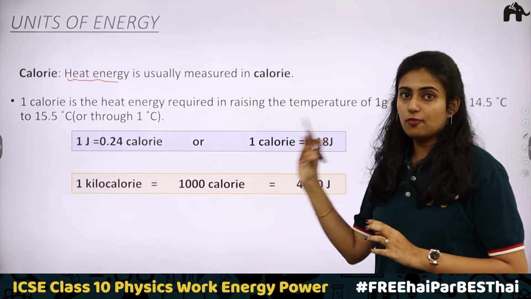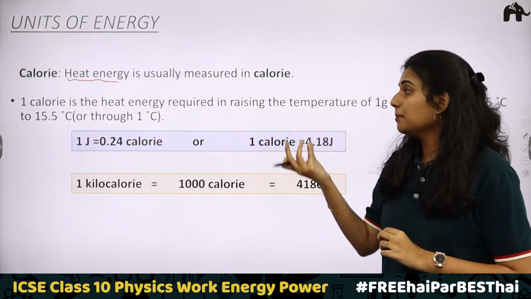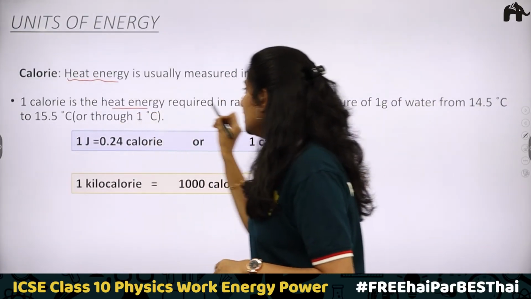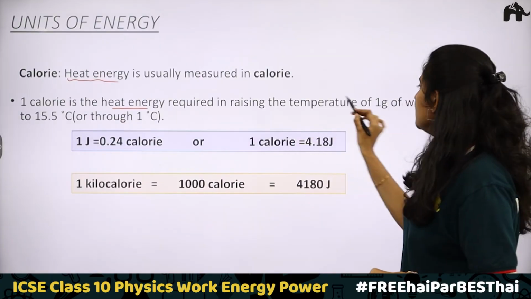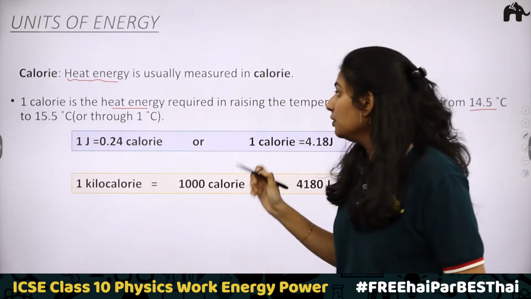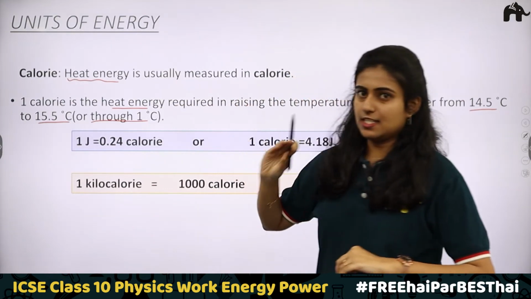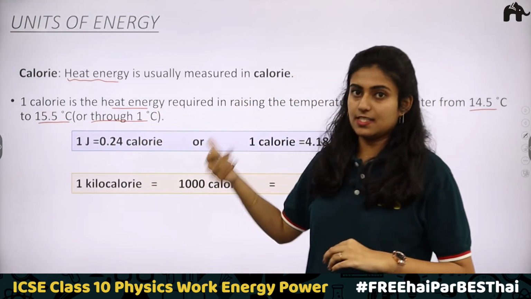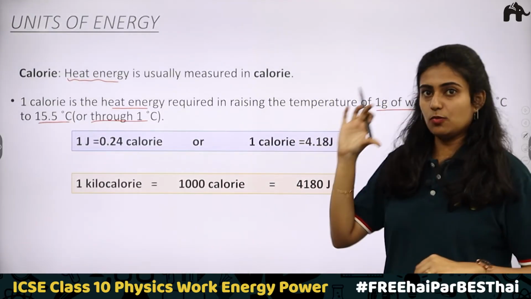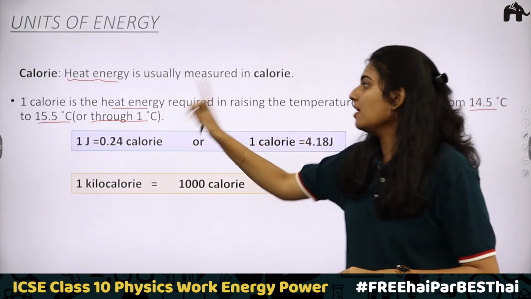If you have 1 gram of water, the heat energy required to raise the temperature of 1 gram of water from 14.5 degrees Celsius to 15.5 degrees Celsius, that is, through 1 degree Celsius, is called 1 calorie. Take 1 gram of water and raise the temperature by 1 degree Celsius. How much energy is used is called 1 calorie.